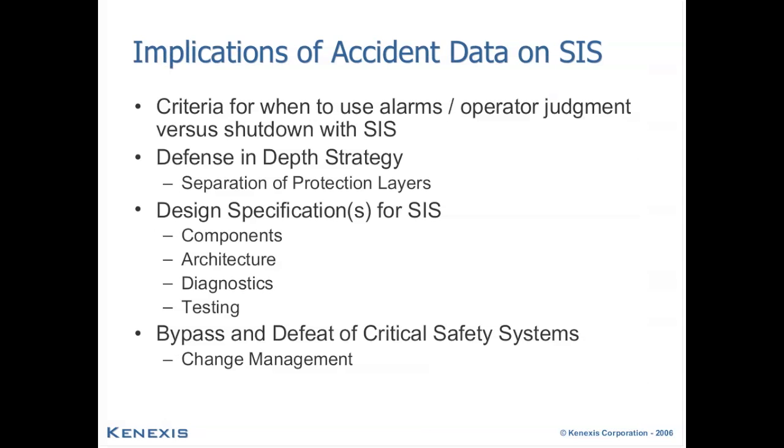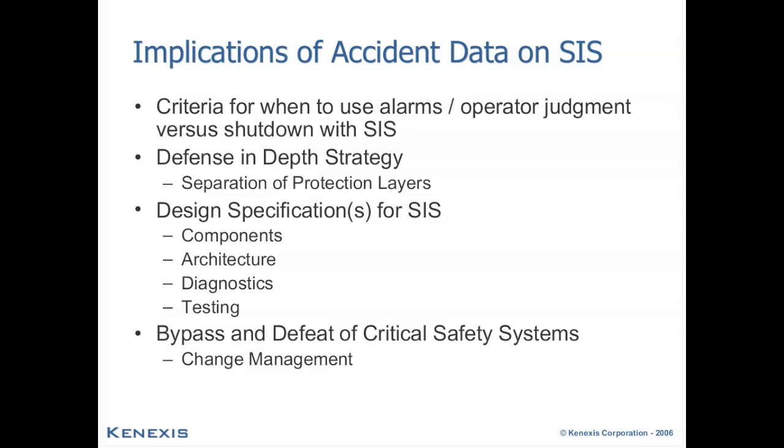There are certain implications of the accident data that we draw from the variety of incidents that I've shown you, as well as others. They are important to determining the overall structure of the safety life cycle. As you can see, some of them involve the criteria of when to use alarms and operator judgment versus an automatic shutdown philosophy.